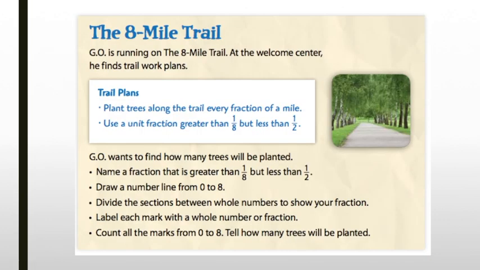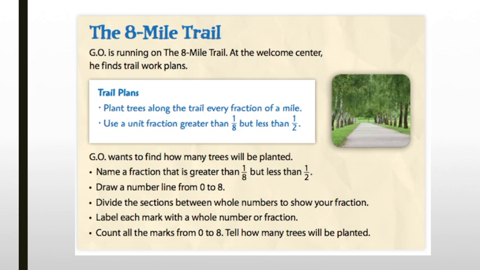So now we're ready for that first task. We're going to analyze the task, the 8-mile trail. It says that Geo is running on the 8-mile trail at the Welcome Center, and he finds some trail plans. Now the trail plans say that he wants to plant trees along the trail every fraction of a mile.